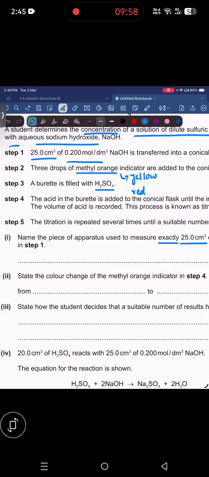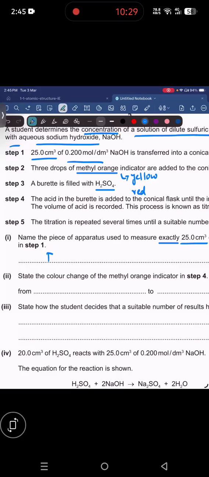Which piece of apparatus do we have to use here to get the exact volume of 25 centimeter cube? Keep in your mind, whenever you are performing a titration and you require the exact volume of 25 centimeter cube, for that purpose you will use a pipette.